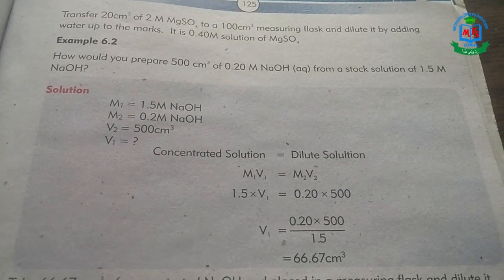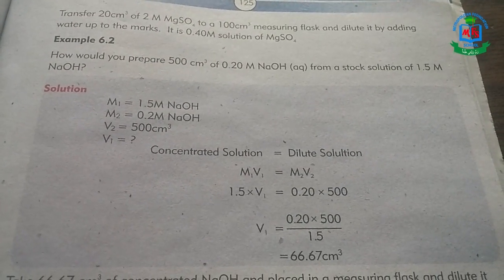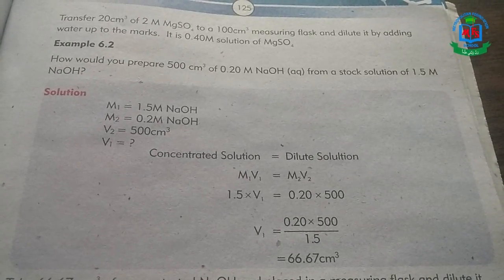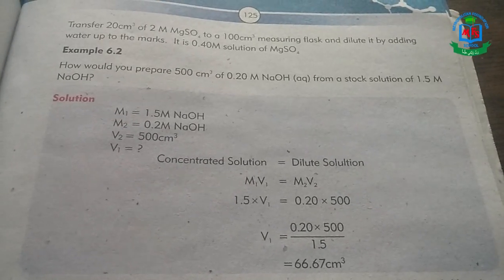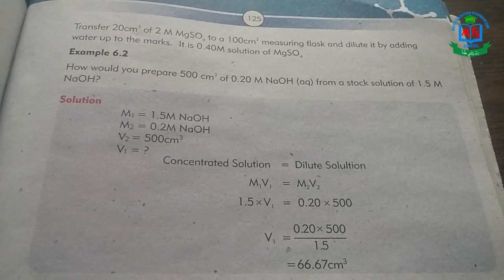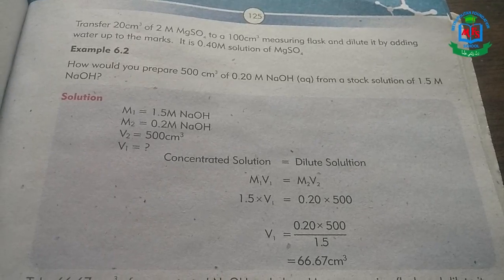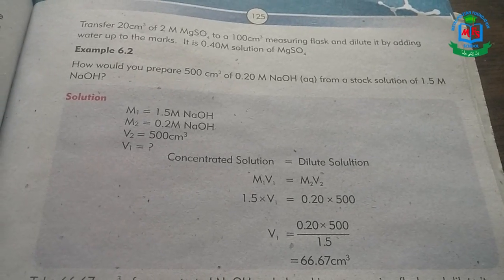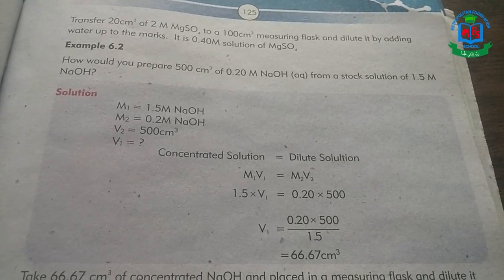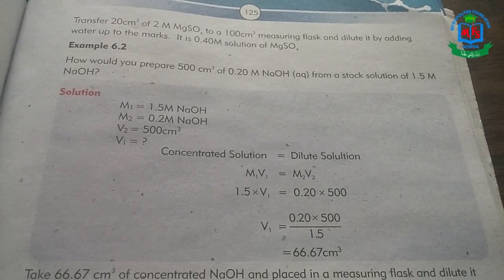Now we solve another numerical, that is 6.2. How would you prepare 500 cm cube of 0.20 molar sodium hydroxide from a stock solution of 1.5 molar sodium hydroxide? First step, we write the data. In the data, we write those values that are given in the numerical.